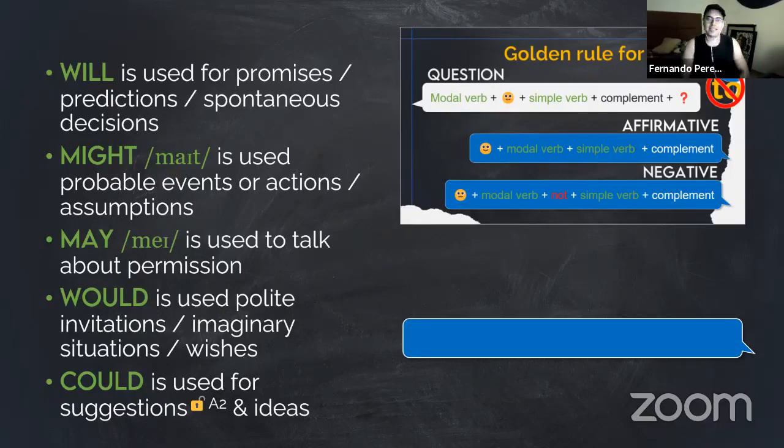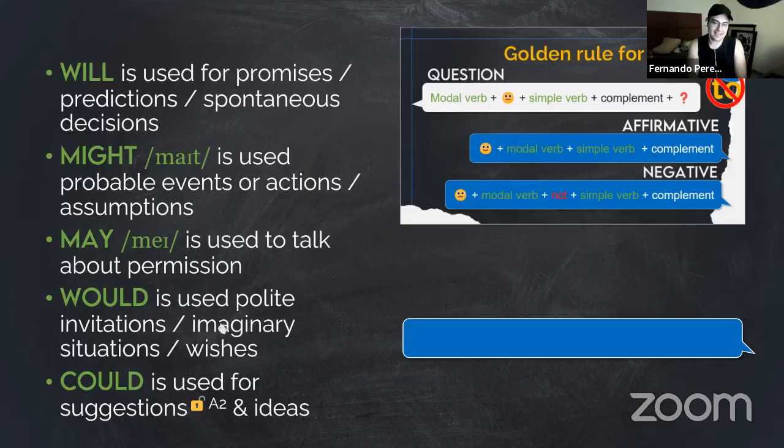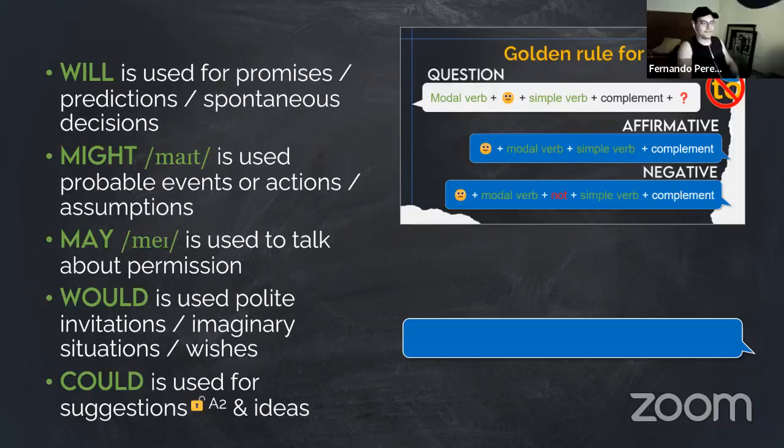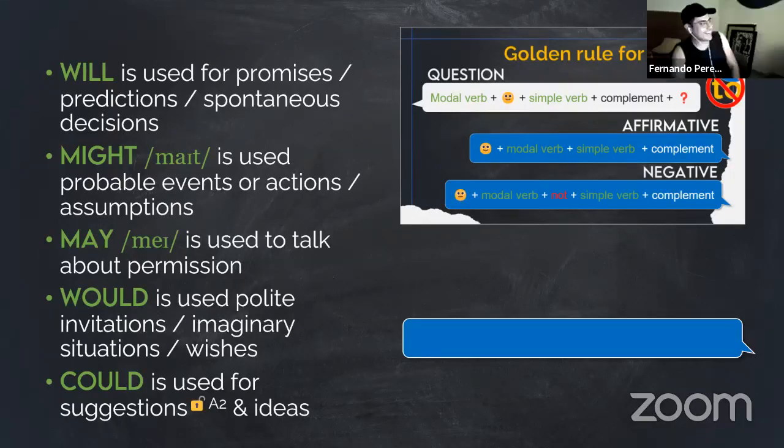Will is a promise, a prediction, a spontaneous decision. A wish is would. Exactly. I would make a party for the anniversary. Excellent, yes.